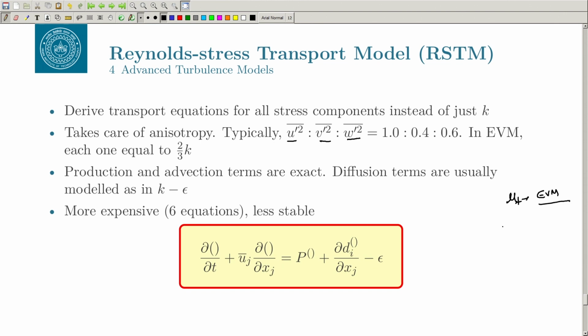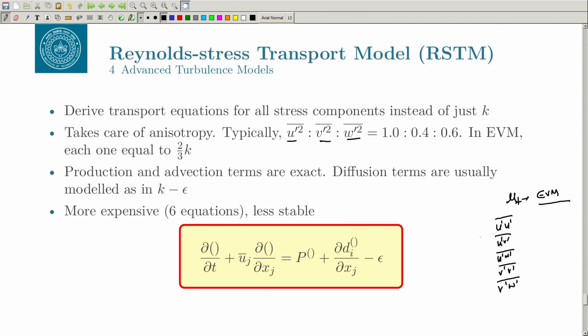But here we will be solving equations for u prime square bar, u prime v prime bar, u prime w prime bar, v prime square bar, v prime w prime bar, and w prime square bar. u prime v prime bar we have already done.